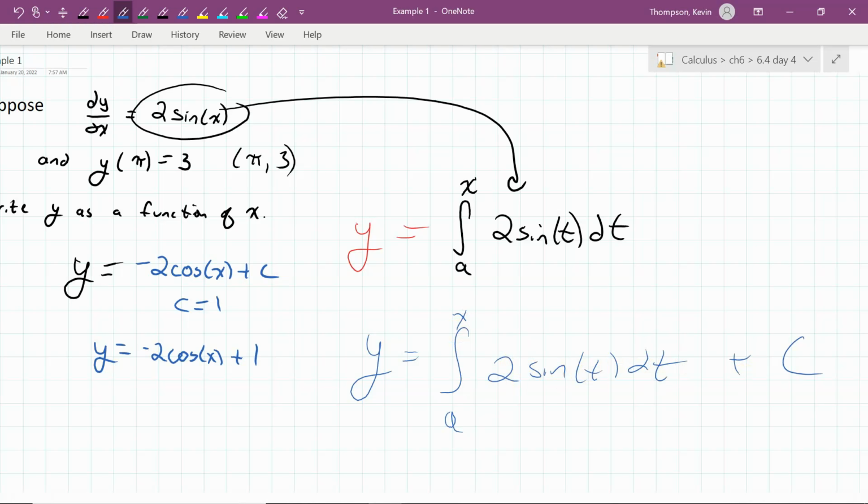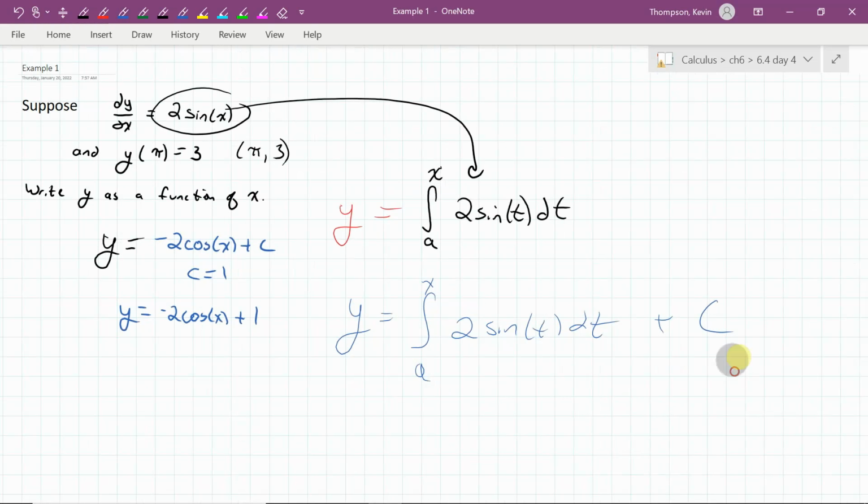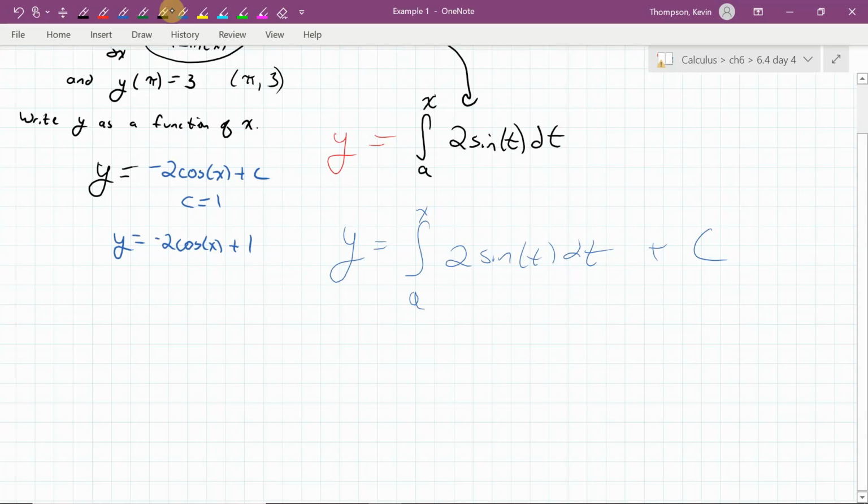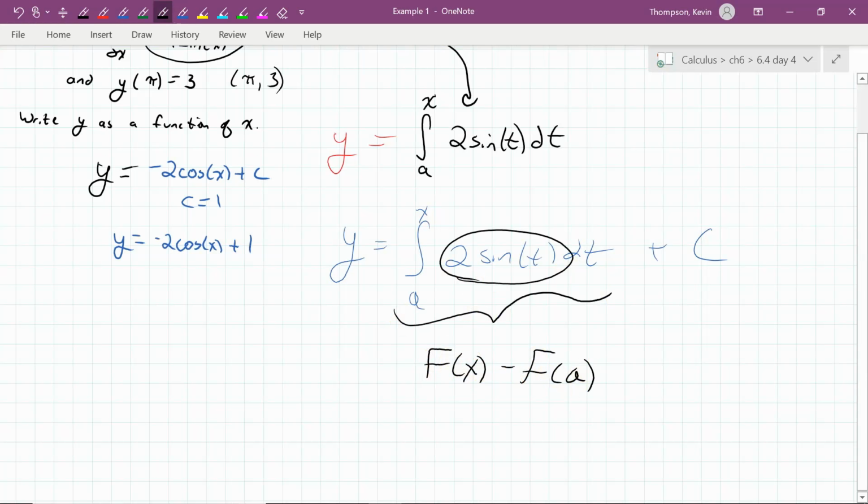I don't have a lower limit, and I don't really know what this constant is that's going to make me get the right answer. Remember that this piece really should be the antiderivative of the upper limit minus antiderivative of the lower limit, right?